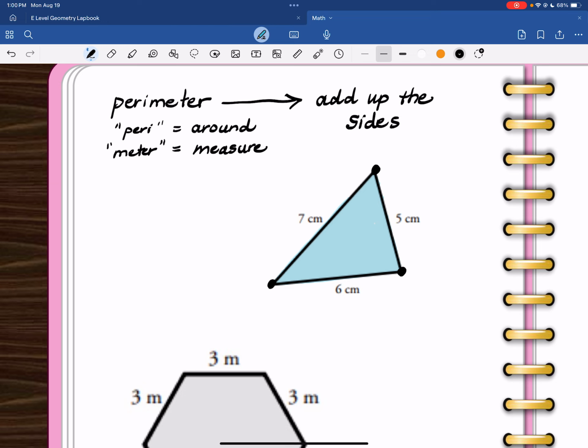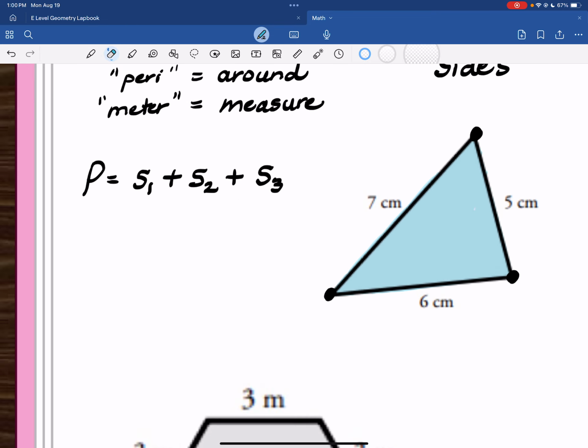So for this one, I have how many sides? There are 3 of them. So perimeter equals the first side plus the second side plus the third side. And I know that looks funny, but it's not. It just means side 1, side 2, and side 3.